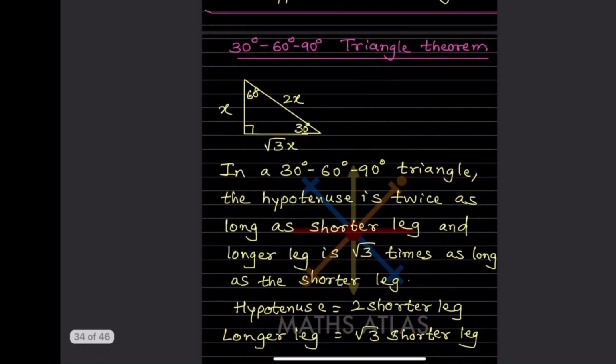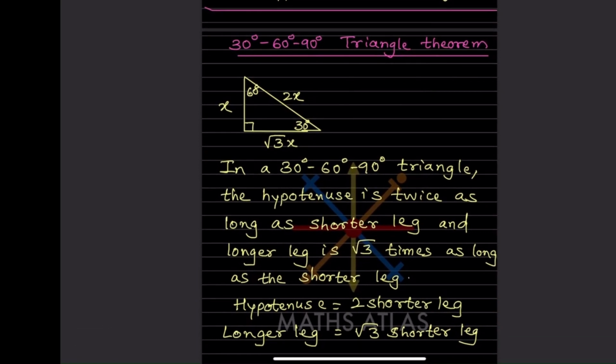Now the 30, 60, 90 degree triangle theorem. This is 90, this is 30 and this is 60. In a 30, 60, 90 triangle, this is the hypotenuse. It is twice as long as the shorter leg, and the longer leg is root 3 times the shorter leg. So this is the shorter leg and this is the longer leg.